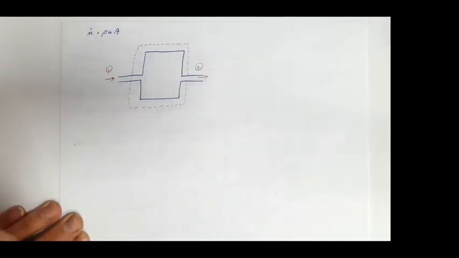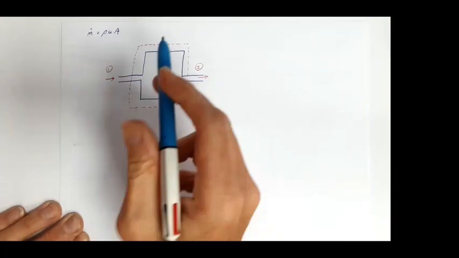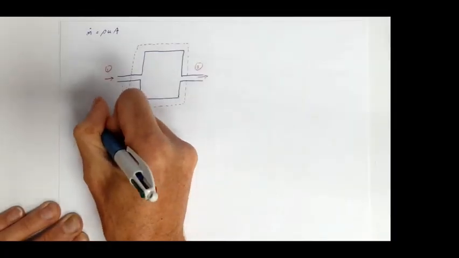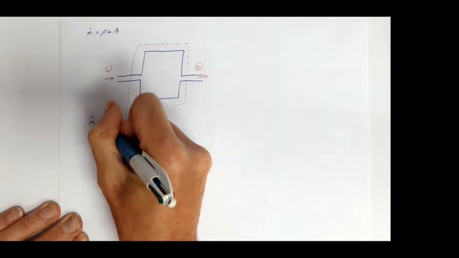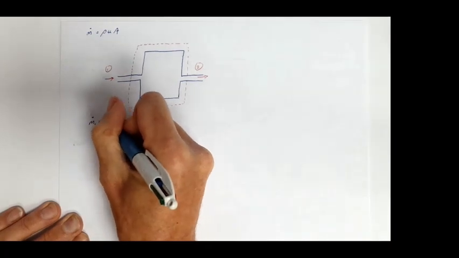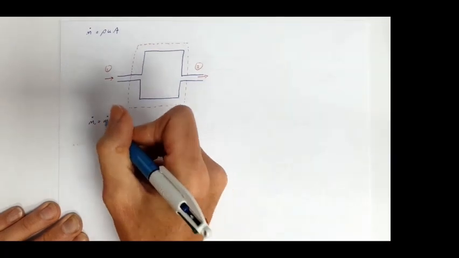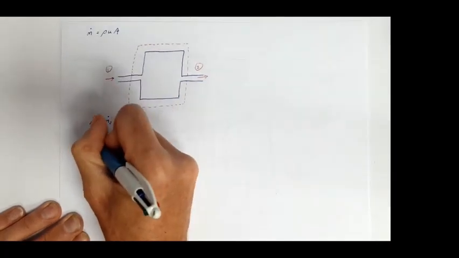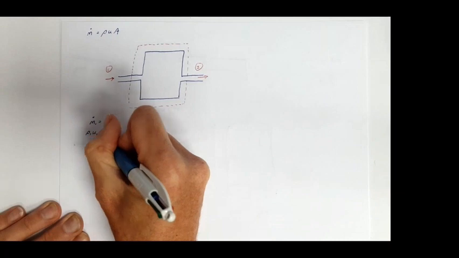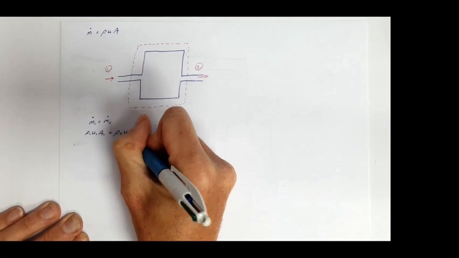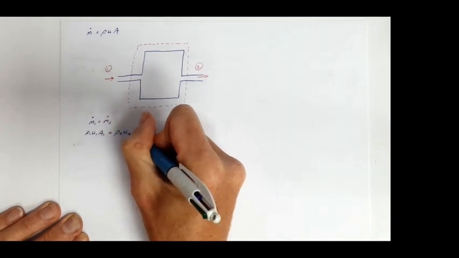Okay, so conservation of mass and knowing our mass flow rate, we can say the mass flow rate at position 1 equals the mass flow rate at position 2. Or rho 1 u1 a1 equals rho 2 u2 a2.